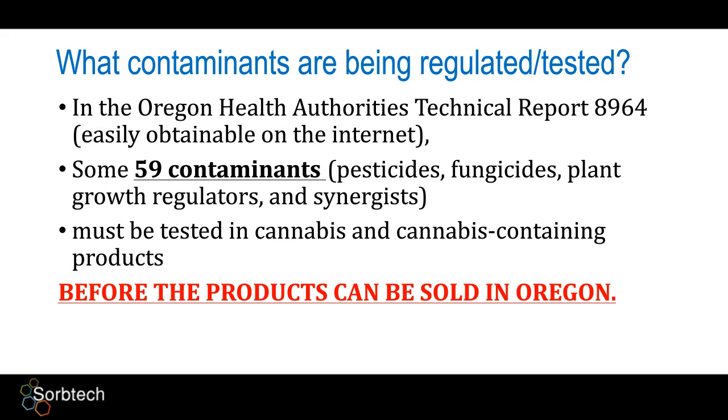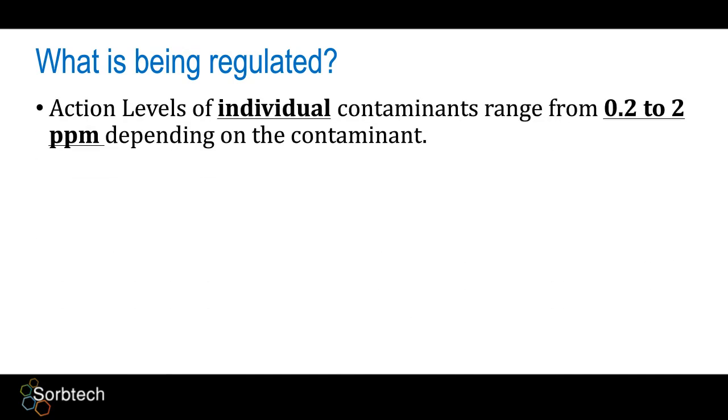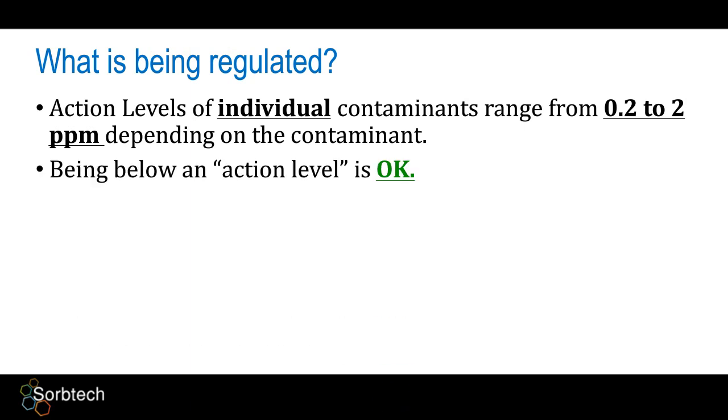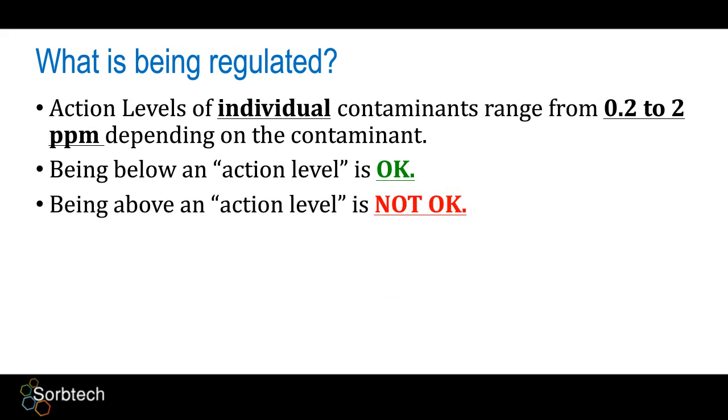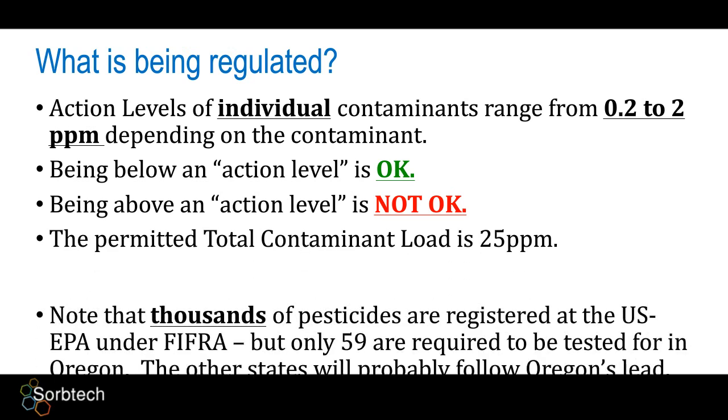The action levels of the individual contaminants range from 0.2 to 2 ppm, depending on which contaminant you're talking about. Being below an action level is okay. Being above an action level is not okay. The permitted total contaminant load, everything added together, is 25 ppm.